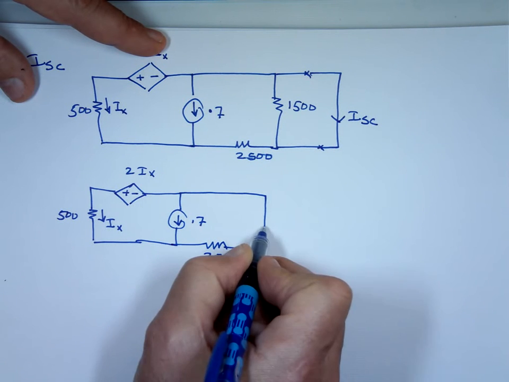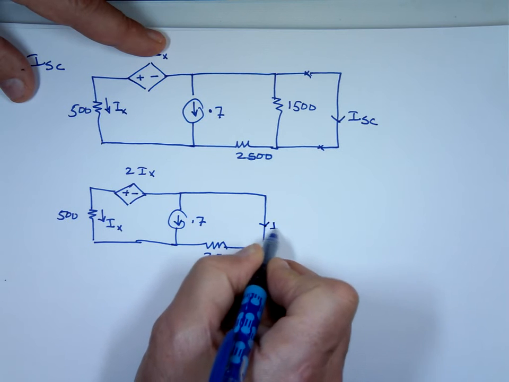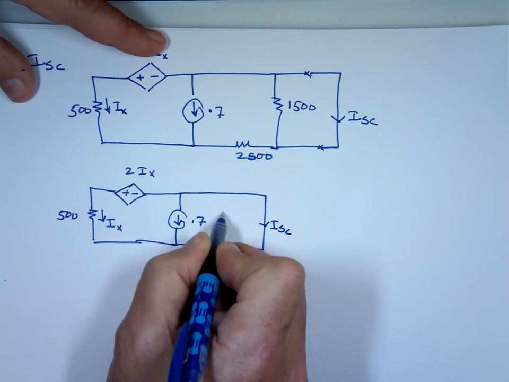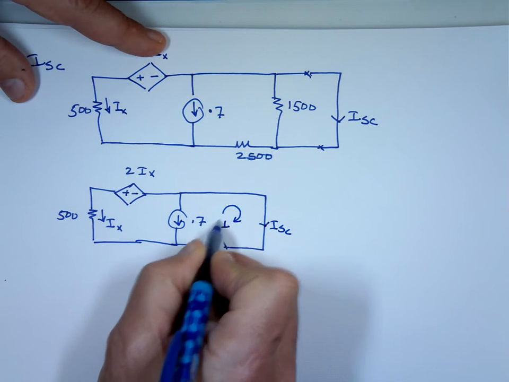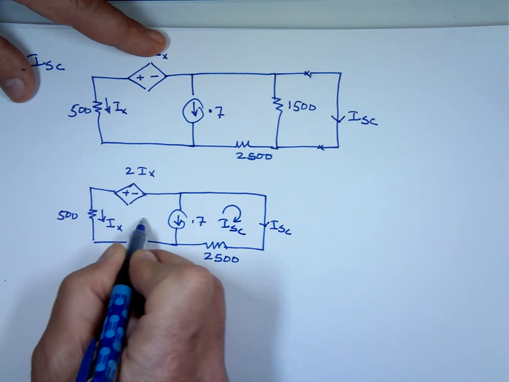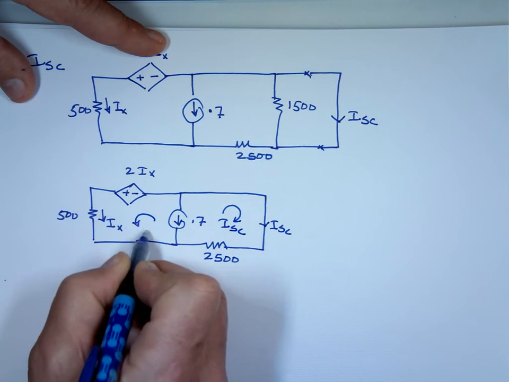Now I'm looking for this current, I short circuit. So let me define this current I short circuit, and let me define this current I sub x the way it's labeled.